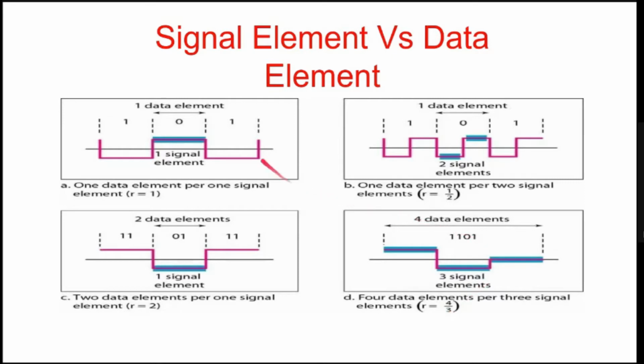The formula is always data divided by signal. Here 1 by 1, here 1 by 2, here 2 by 1, here 4 by 3. Now you can calculate the signal element as well as the data element. So this is a very basic structure of the signal element and data element to understand the concept. Okay, so see here.